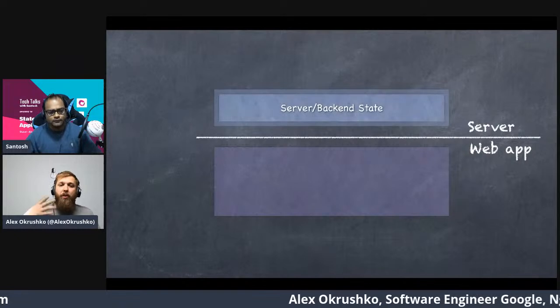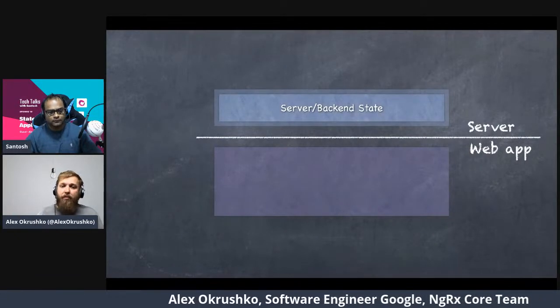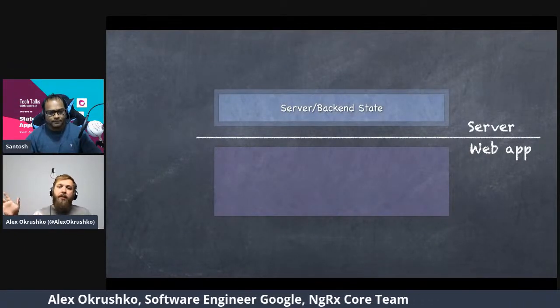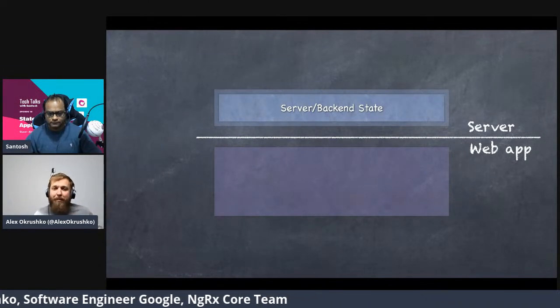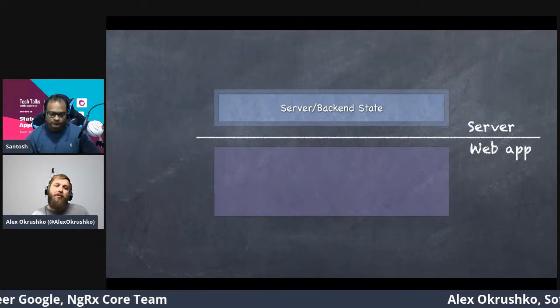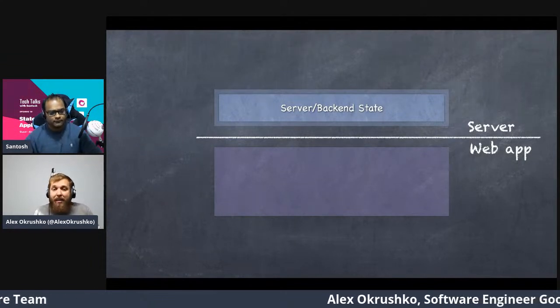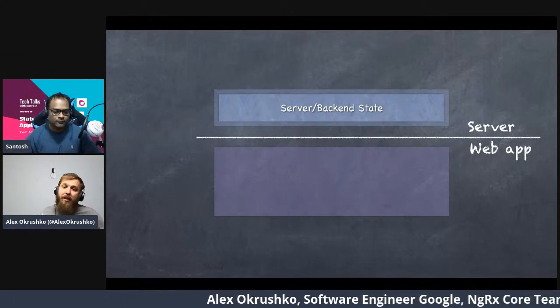And so we always have this server backend state, right? And this is our source of truth, because any web app talks to the backend, talks to the database. Exactly. The database is in fact the source of truth of any of the persistent data in the end.